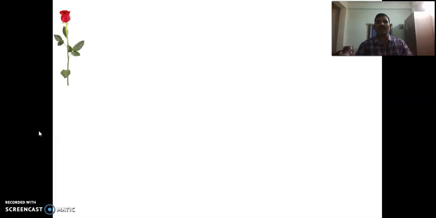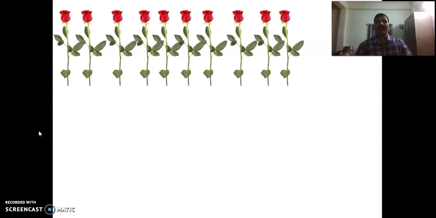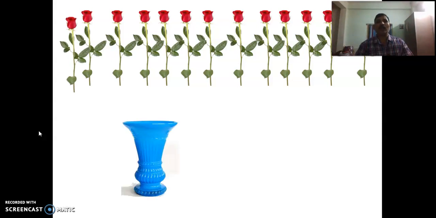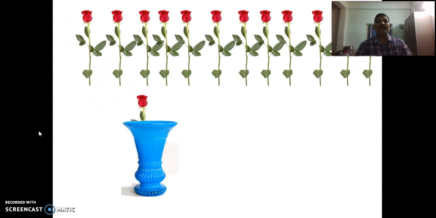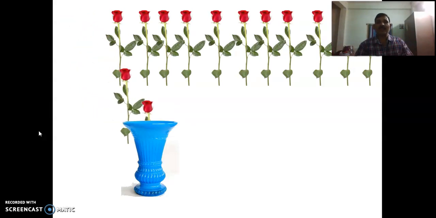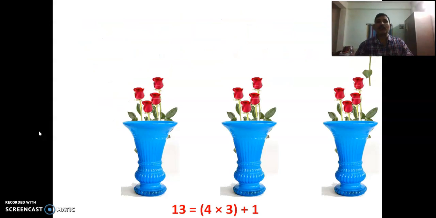So first let us try to understand what that is. Okay, now we have 13 flowers which are to be arranged in flower pots. When we have two pots, 5 flowers can be arranged in two pots and 3 flowers are left. On the other hand, if we consider 13 flowers, but instead of two pots suppose we have 3 flower pots, then what happens?